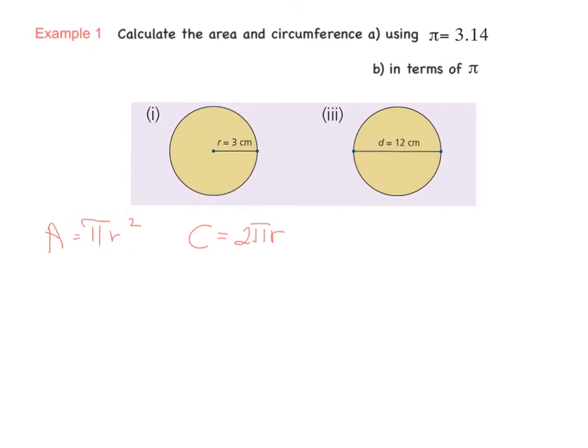So now the only thing we need to do is just put the numbers instead of the letters. A, pi is equal to 3.14, multiplied by r squared, so multiplied by r, 3 squared.